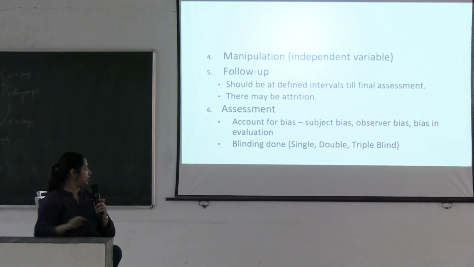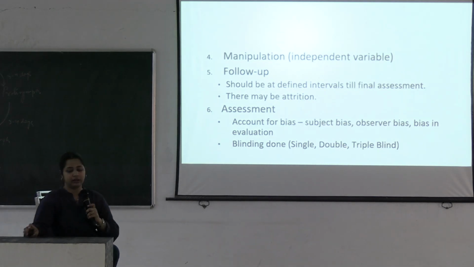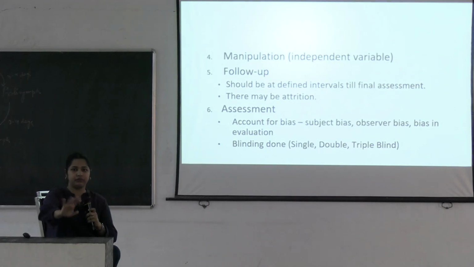Then to tackle both the subject bias and the observer bias, there is a double blind. The participant will not know, and the people who are giving the treatment at that time will not know. Whoever is giving me the drug or the vaccine will also not know what they are giving. They just see that this patient has come with this ID number, and there is this vial number.